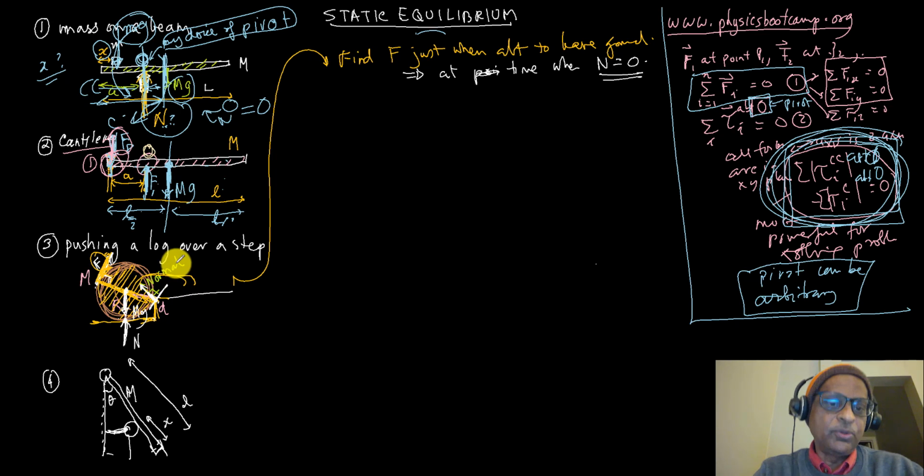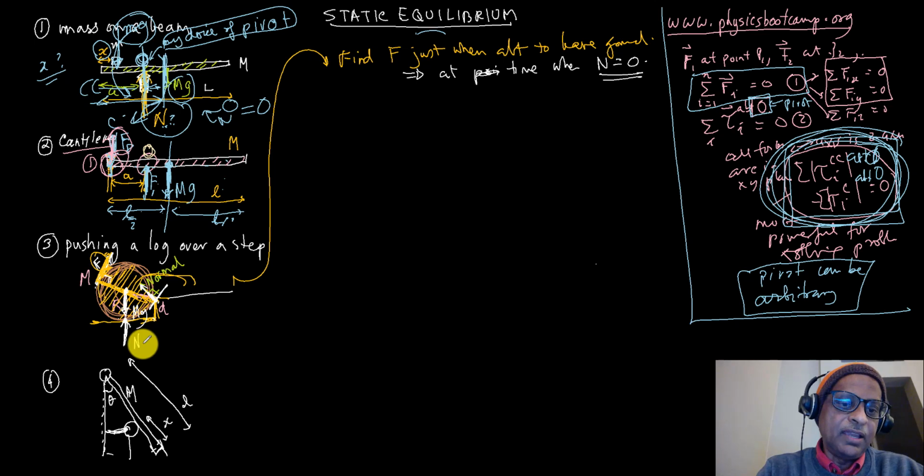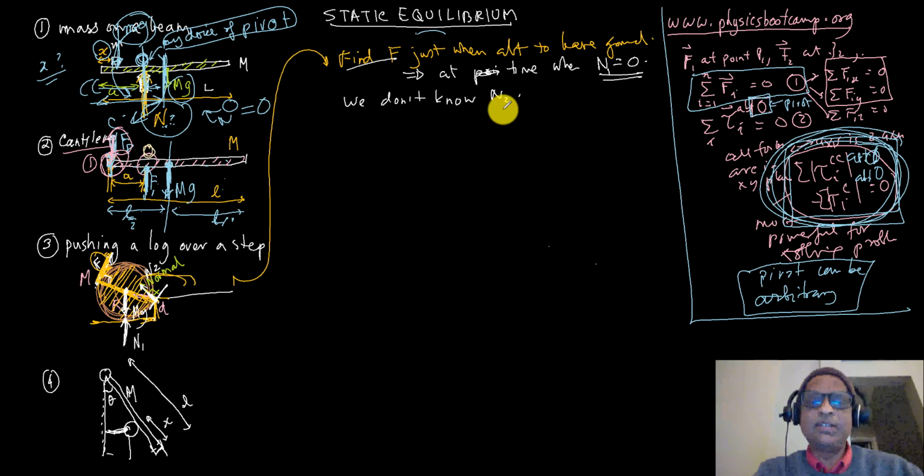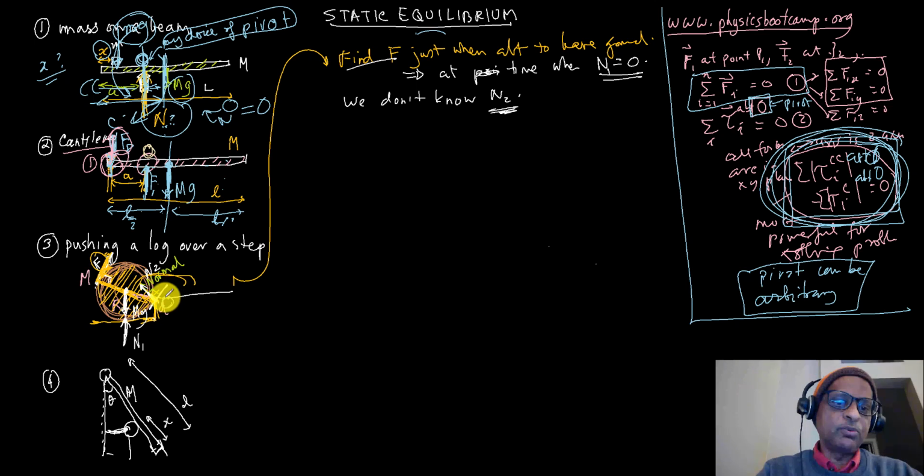This normal, let's call it n1, and so n1 is 0. Let's call this guy normal n2, and n2 we don't know. The question is not asking for n2, so we maybe don't have to know n2. So it will make sense to put a pivot right there, right? So we just put the pivot over here. So that's the pivot choice.